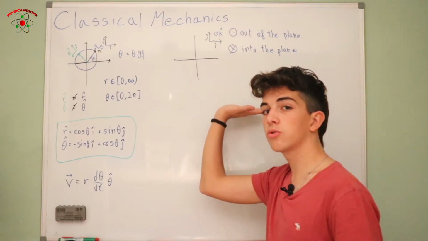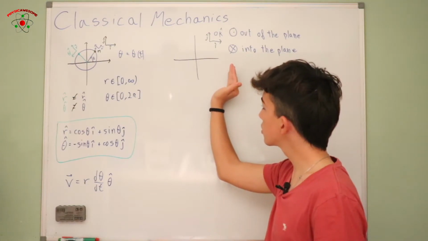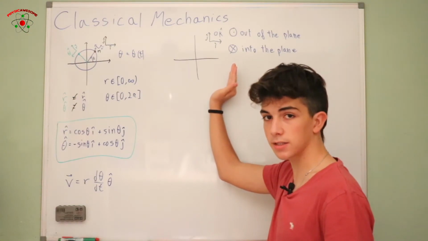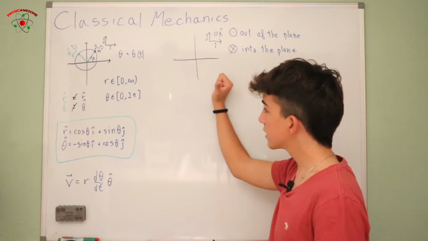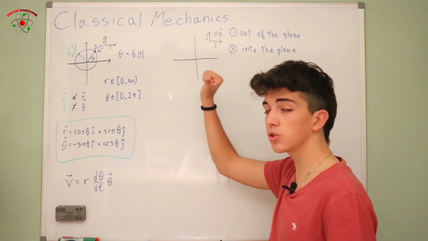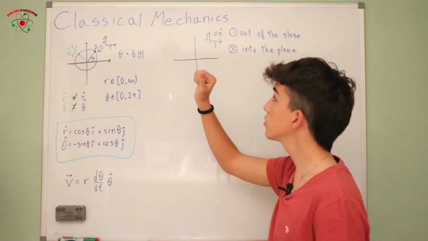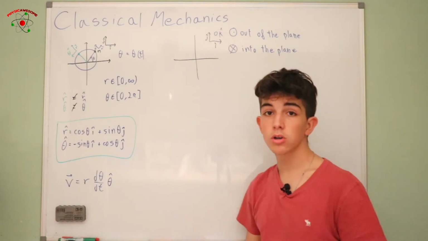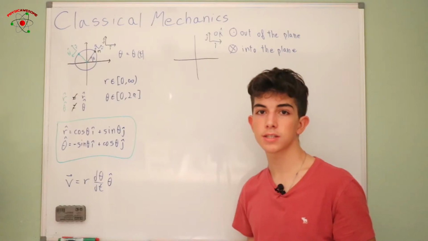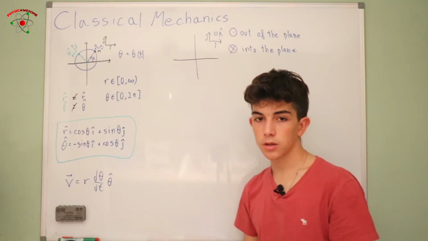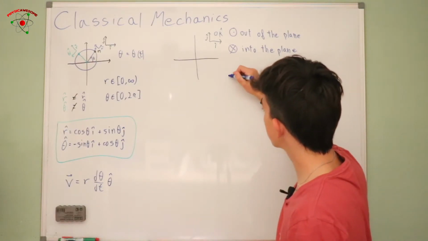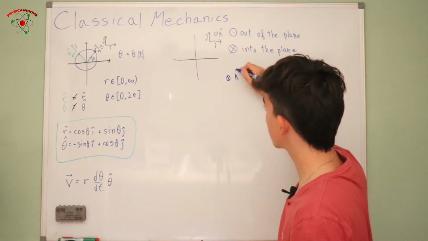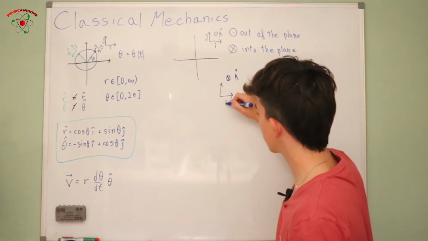Then you curl your fingers towards j hat. And the direction in which your thumb points is going to be your k hat vector. This has to work for every coordinate system that you draw. For instance, this coordinate system won't be valid, as this doesn't work.